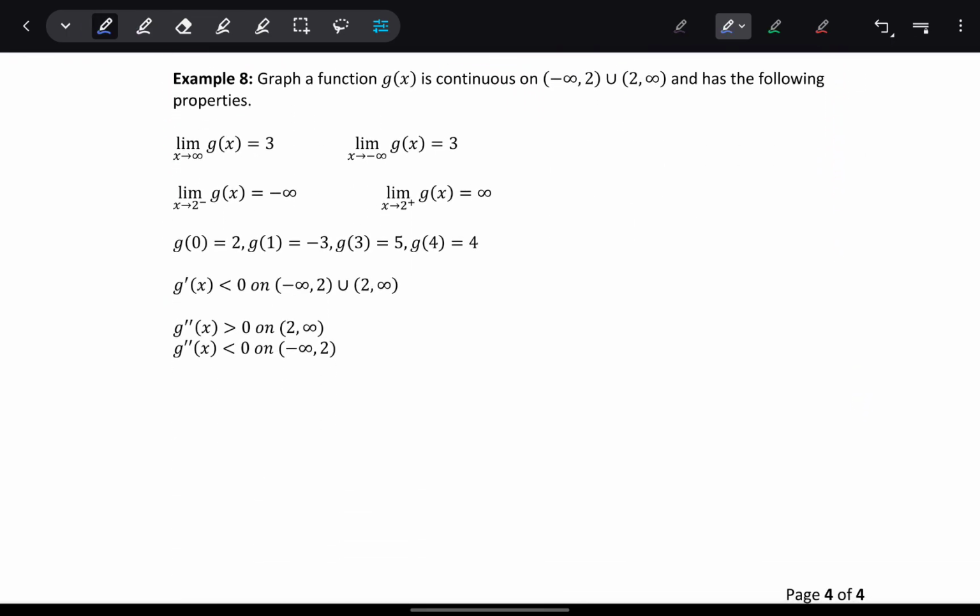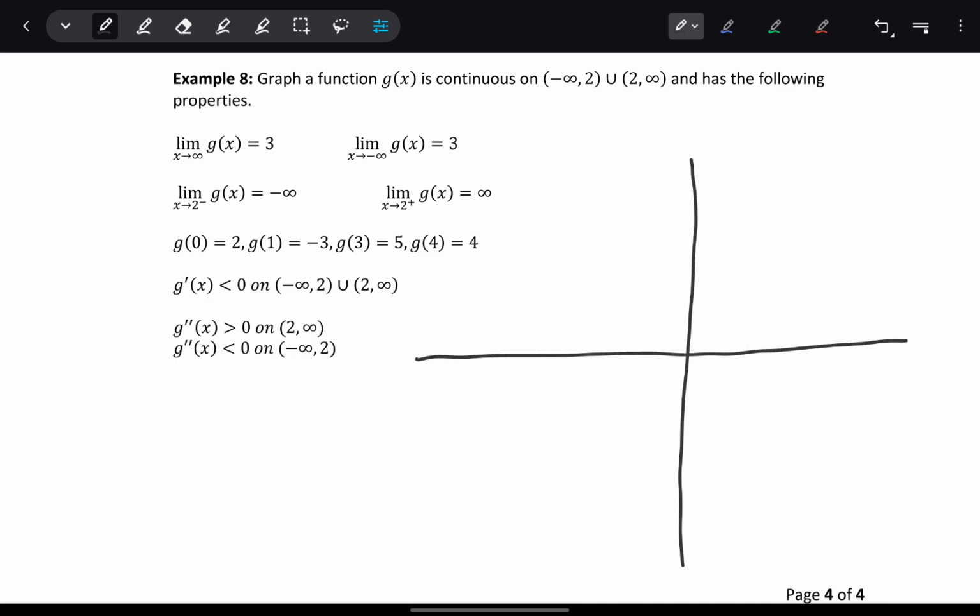In example 8, we want to do the same thing, but we have different information that's provided to us. Starting off by just plotting our coordinate pairs is a relatively easy place to start.